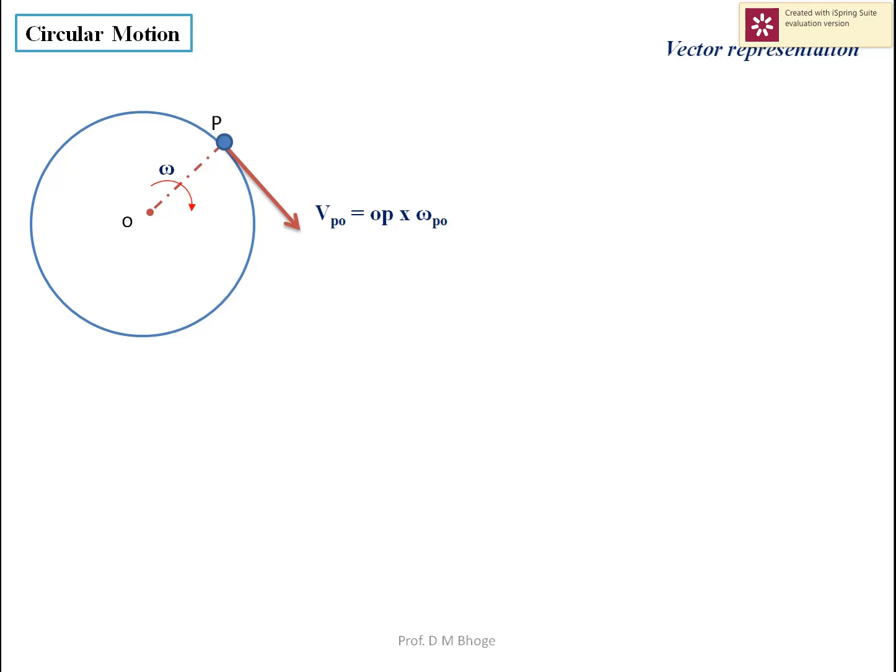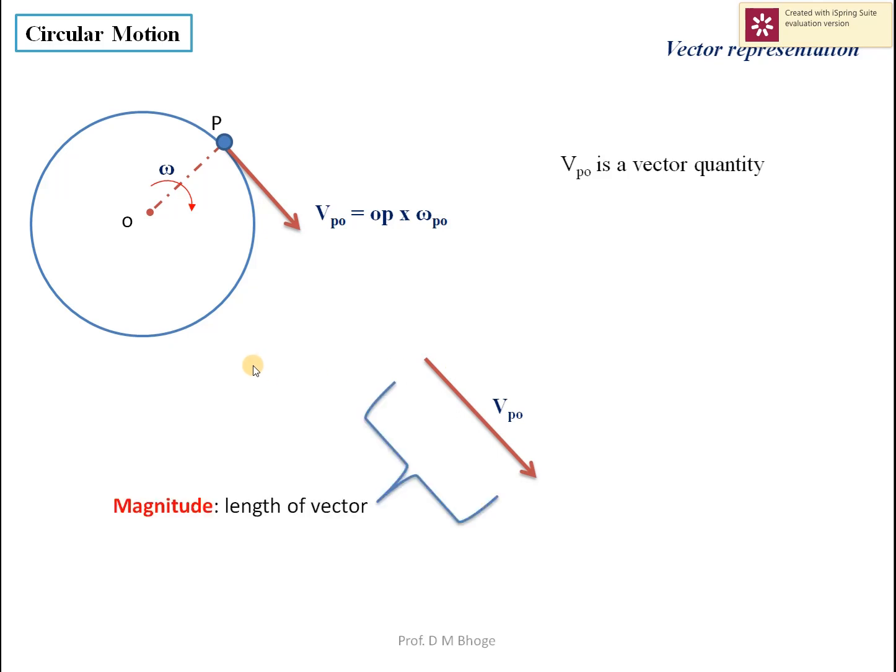Now let us study how to represent these vectors. VPO is a vector quantity, it's the velocity. We will represent this using a vector. We will read this vector as VPO, velocity of P relative to O, represented by this vector. The magnitude of this vector is equal to the length of vector VPO.